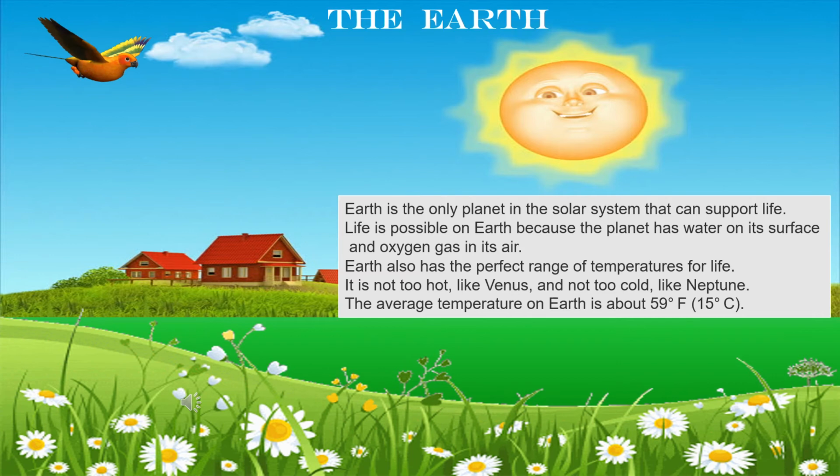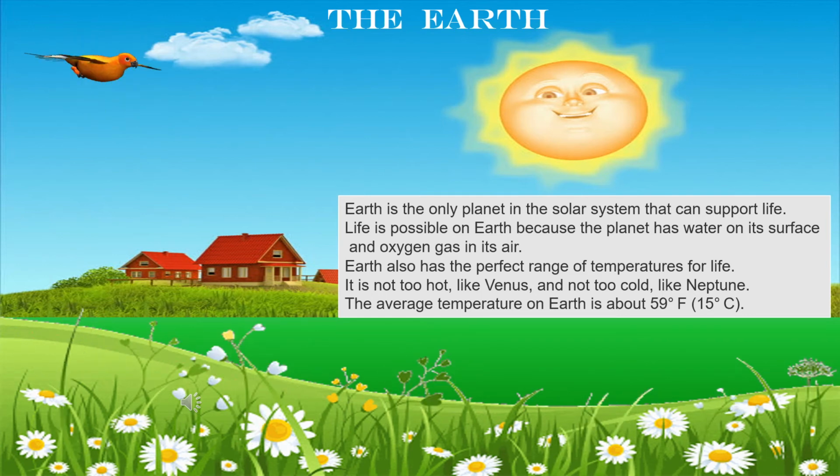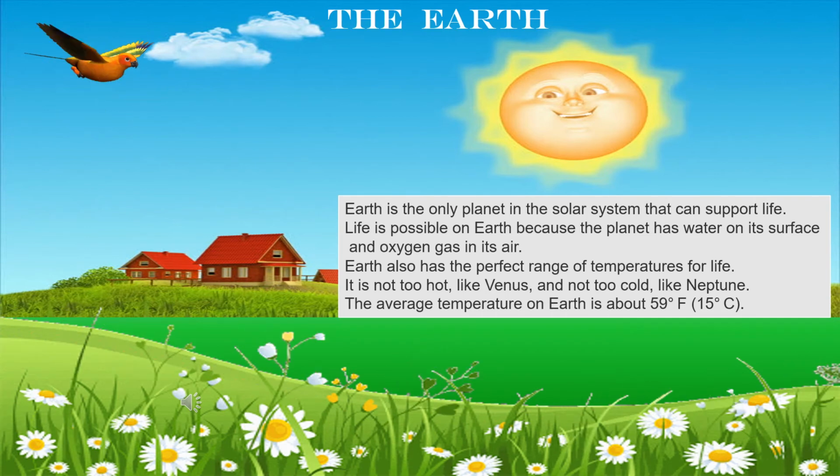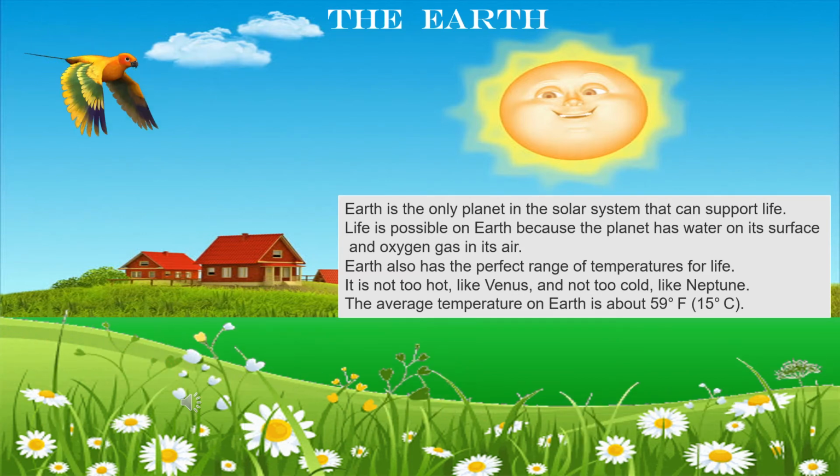If we talk about other planets, like I have told you Venus, Venus is quite near to the sun and it is getting too much heat from the sun, so it is too hot. And if we talk about Neptune, Neptune is so far from the sun, so it is not getting enough heat from the sun, and obviously it is so cold when it is not getting heat from the sun.